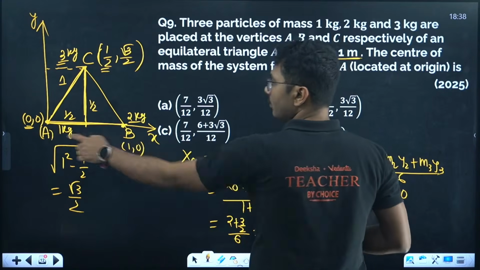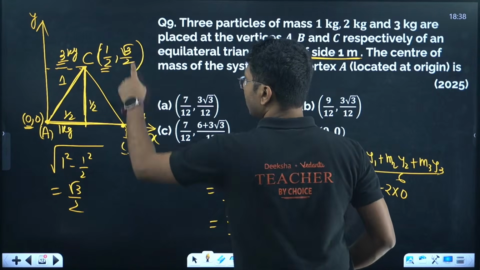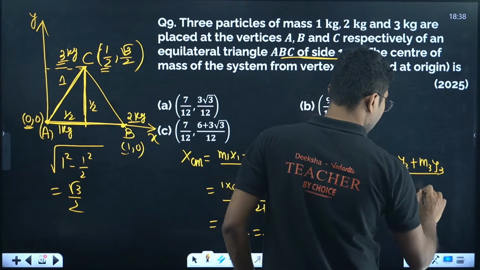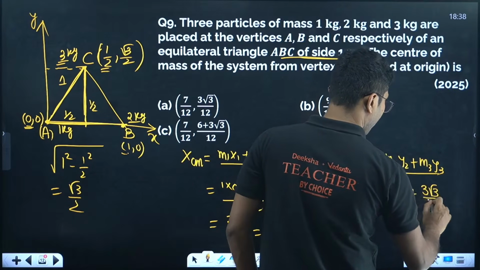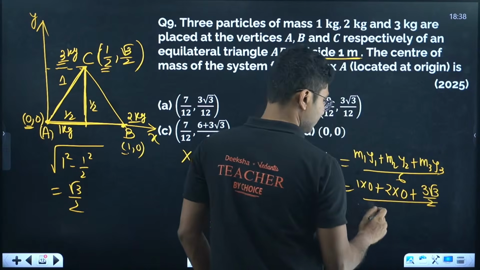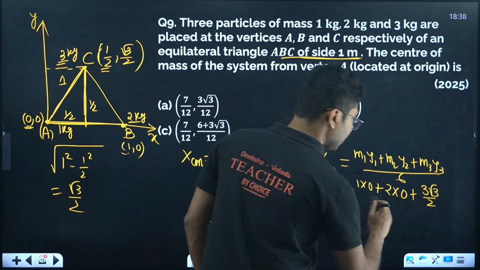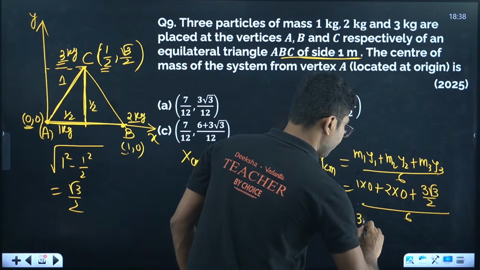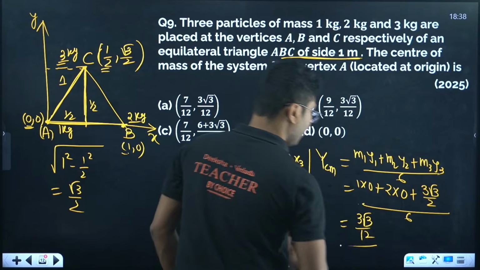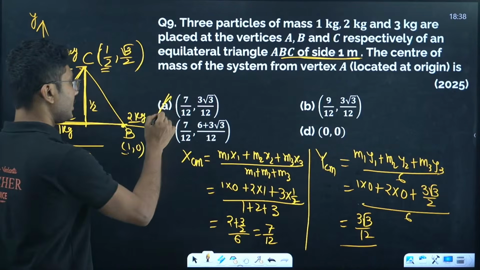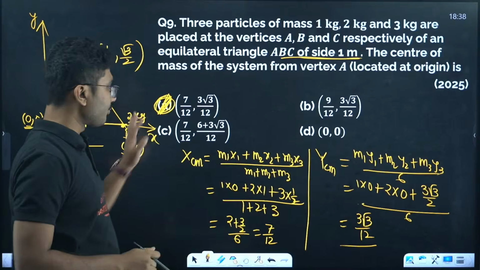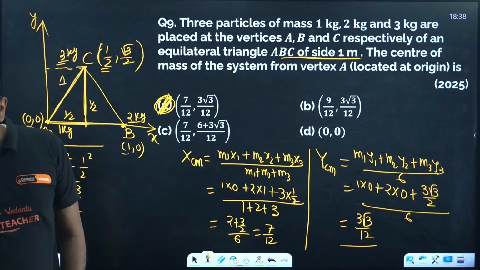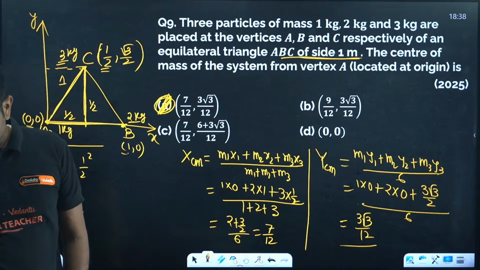Y coordinate is 0 for both of them. Y coordinate is root 3 by 2 for the third mass, so it will be 3 root 3 by 2 divided by 6. So it will be 3 root 3 by 12. Okay, so the correct answer is option A. Even though we are getting option A, as I mentioned, this should be a bonus question.